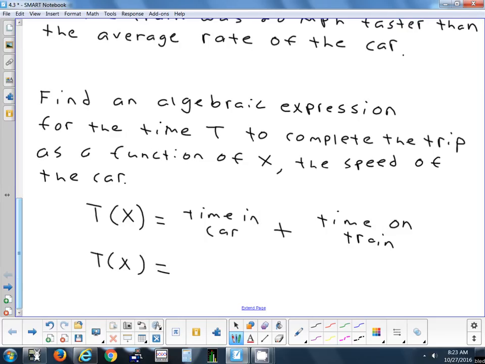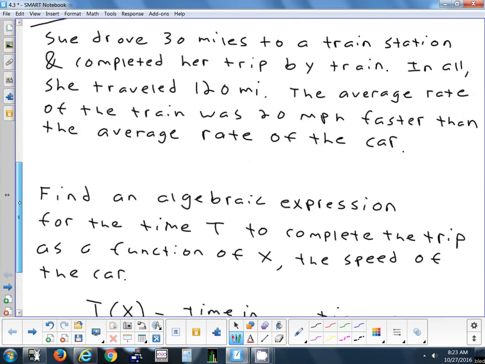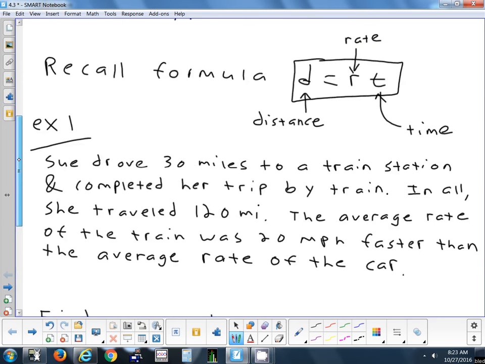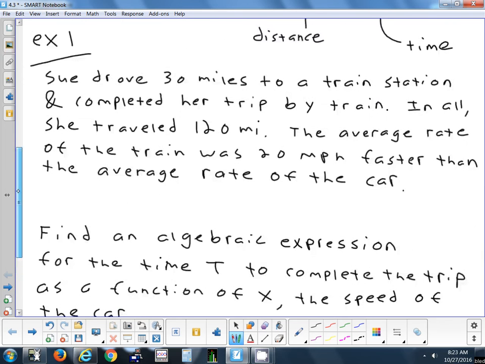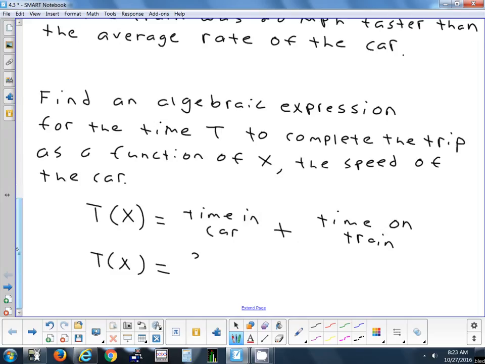So let's start with the time in the car. Time is equal to distance divided by rate. Do we know the distance she drives in the car? 30 miles. Divided by, do we know the rate that she drives in the car? Or do we have a way to represent it? Allie?